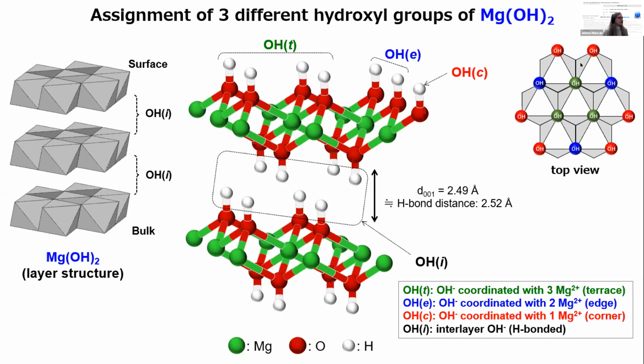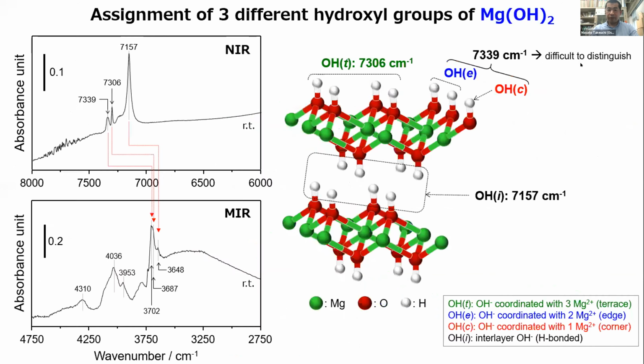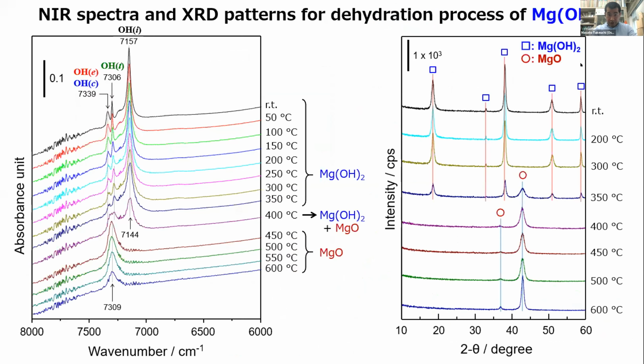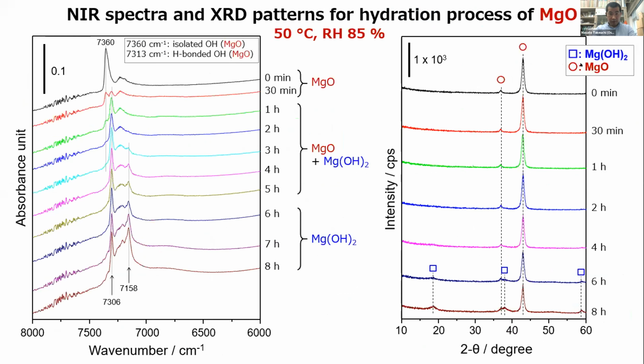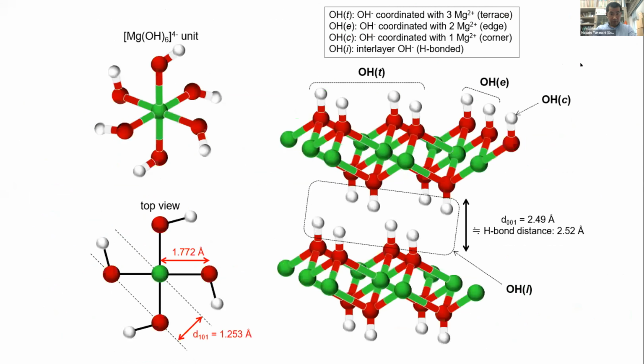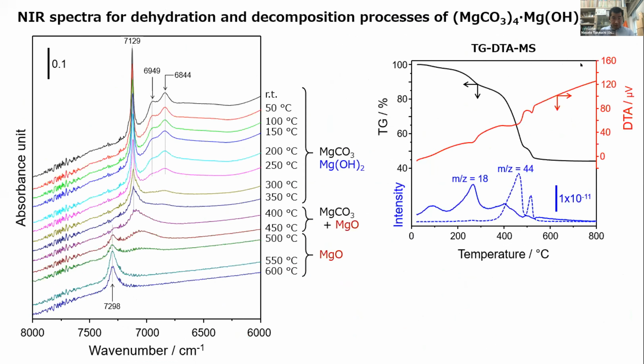Because I don't have, I call it undecided. So it is around 6,870 centimeters to -1. In case of magnesium hydroxide, there are no crystallization water in the material. But if we measure the magnesium carbonate, maybe this one is better. Yes.